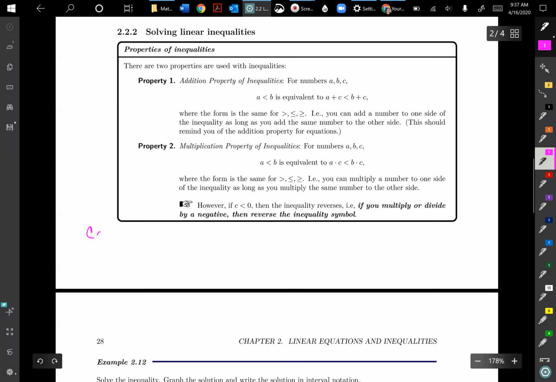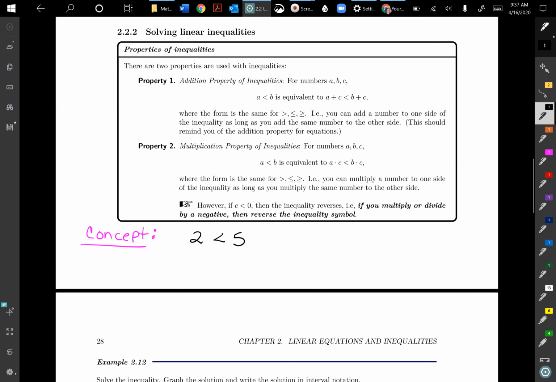I do want to talk about the concept that if we have, for example, 2 is less than 5. I probably agree with that. That's a true statement. But what if I were to multiply or divide? Usually we're doing division here. So if I divided both sides by -1, for instance, or I changed each of them to their opposite, then I would end up with -2 on the left and -5 on the right.